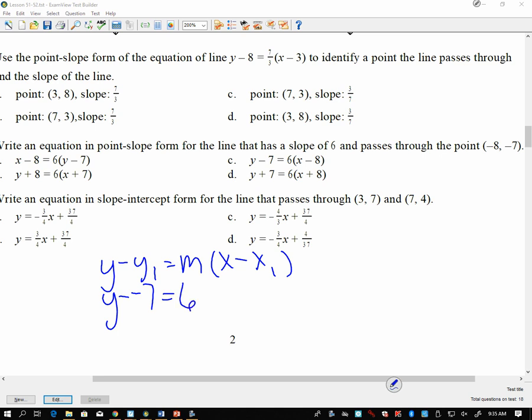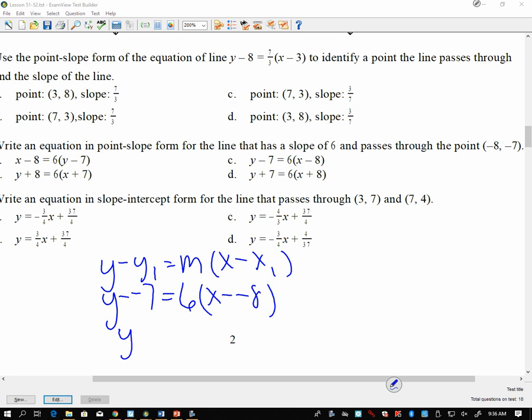It's odd when it's not a fraction, right? We sometimes think something must be wrong there because slope is always a fraction. No, you're fine. What do I plug in for x? -8. Can I simplify this at all? Is that good?